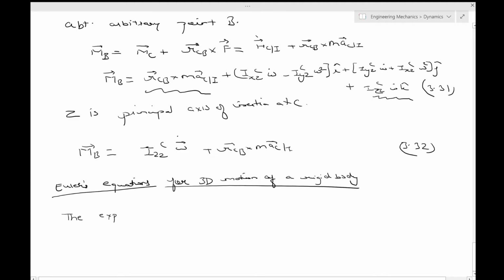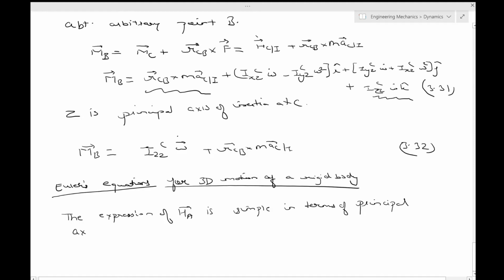The expression of HA is simple in terms of principal axis, just because all those I12, I23, I31 terms will be all 0.